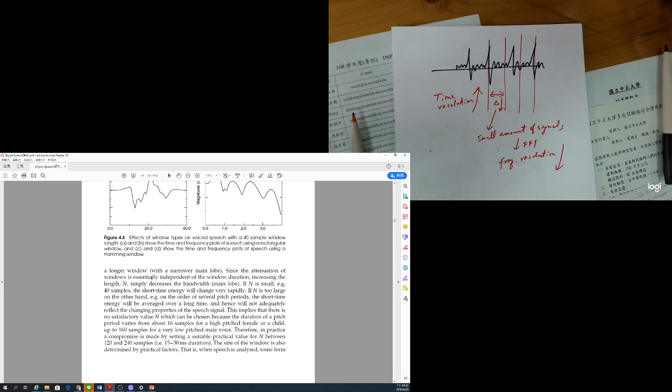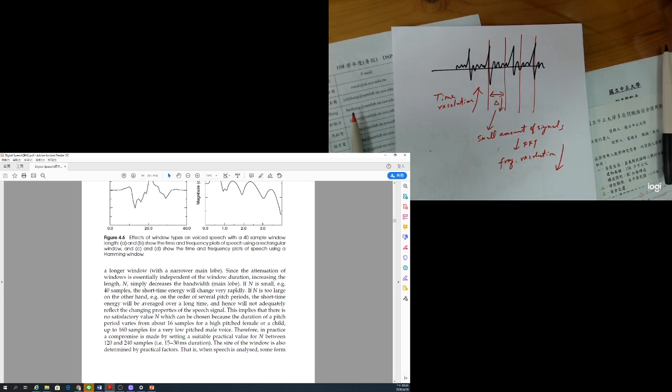So for windowing, you can see that increasing the length n sometimes decreases the bandwidth. If n is smaller, like 40 samples, your short-time energy will change very rapidly. Modeled by a very small window, your energy will be checked and your signal variation will be tracked very well.